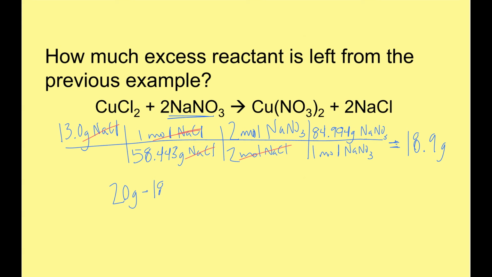So I subtract how much I used, 18.9 from 20, and we get 1.1 grams of NaNO3 excess.